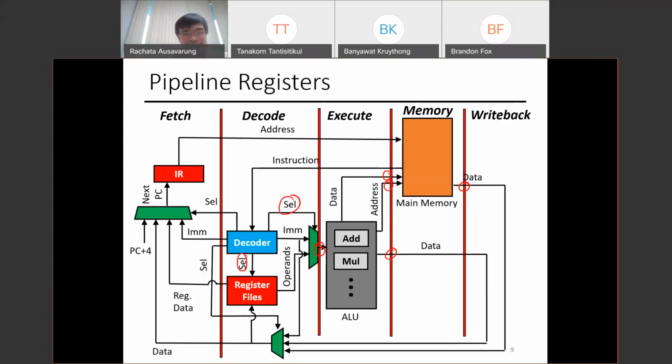Whenever you try to select, depending on the input right here, it has to be related to the instruction you're running.